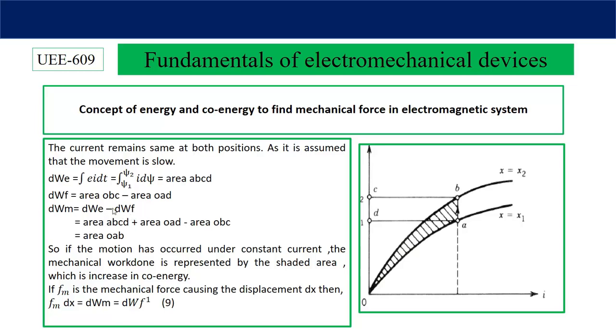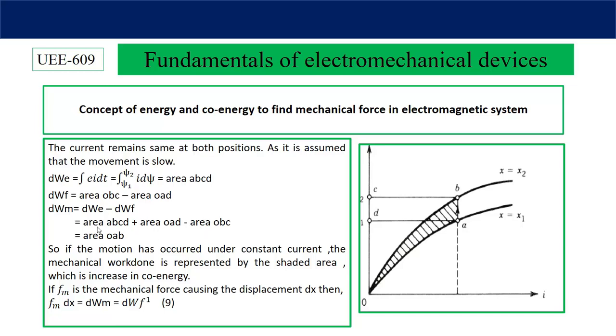So here we can write dWm, that means the increase in mechanical output energy, is equal to the increase in electrical input energy minus the increase in stored field energy. So dWe we have already obtained as ABCD, this area, plus dWf, which we have obtained as area OBC minus area OAD.